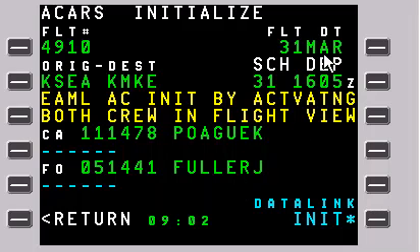And so you'll get the information back here, but the message here is EAML aircraft init by activating both crew in flight view. And anytime you attempt to send down an init on an electronic maintenance log equipped aircraft, you'll have this message on the init key.